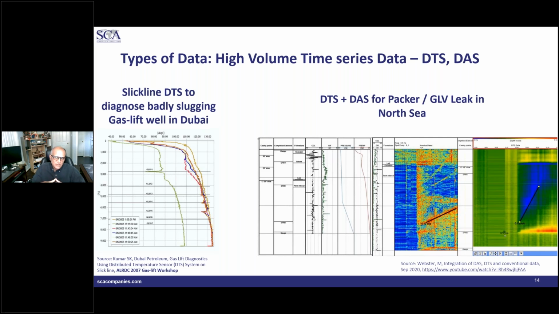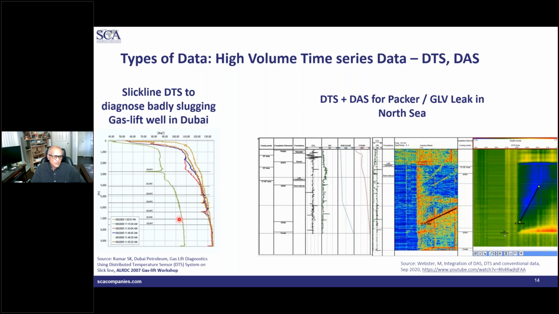As I mentioned earlier, distributed temperature sensing and distributed acoustic sensing, which are possible with fiber optics type of systems, allow us to capture data at a lot higher volumes. And this has been done for a long, long time.